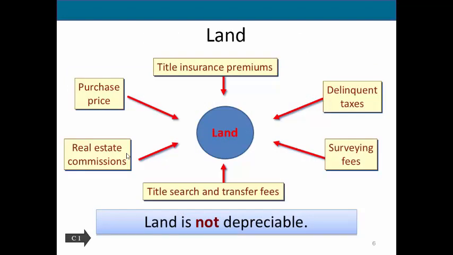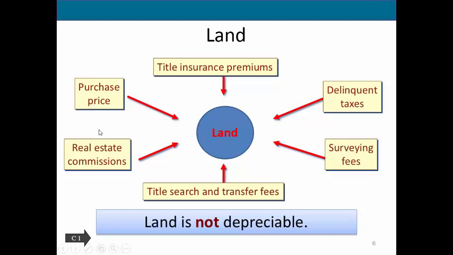Now, when we talk about land, we still have to accurately record the original cost or the acquisition value of that land. However, keep in mind that land is not depreciated. So again, we want to make sure we have it on our books at the correct original cost, but we don't have to worry about depreciating land. So just like our other long-term assets, there are additional costs that can come into play when we purchase land.